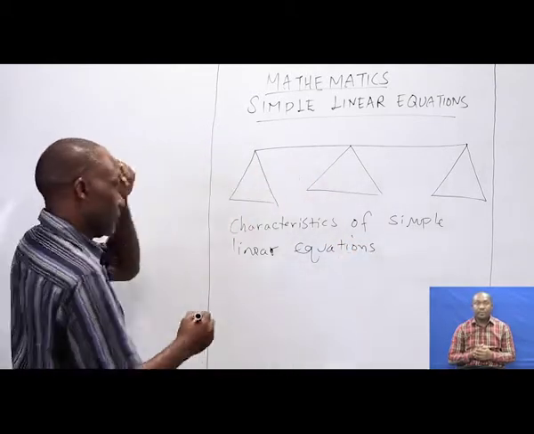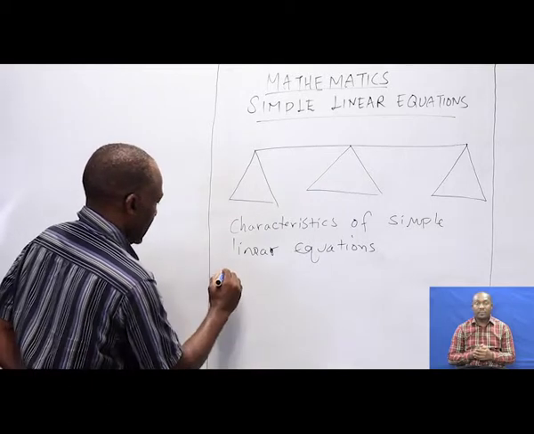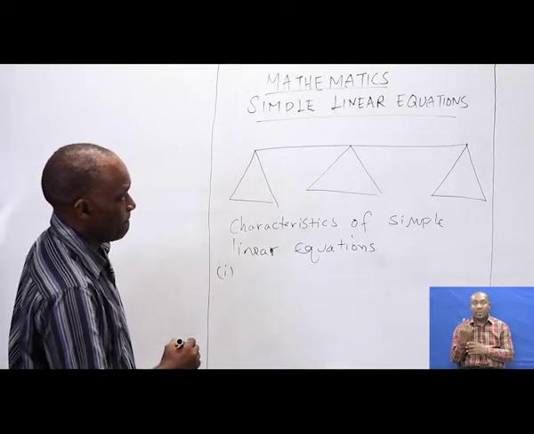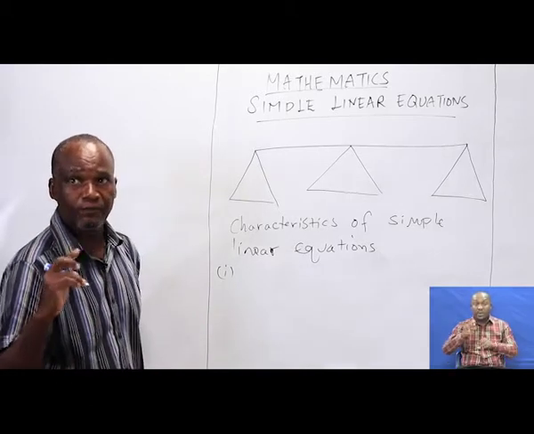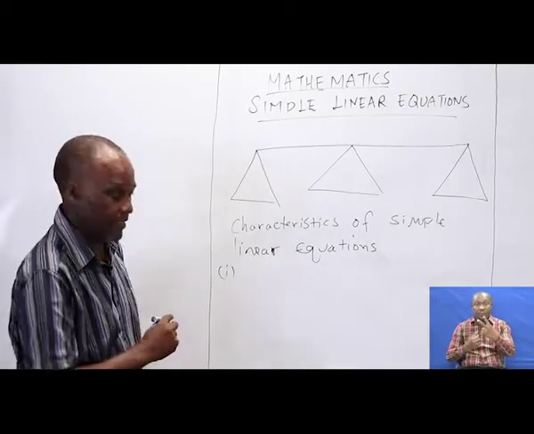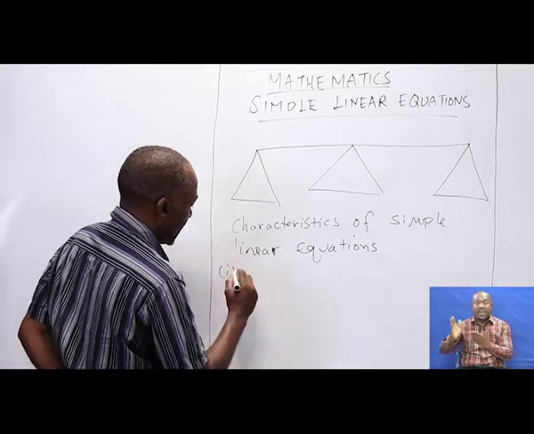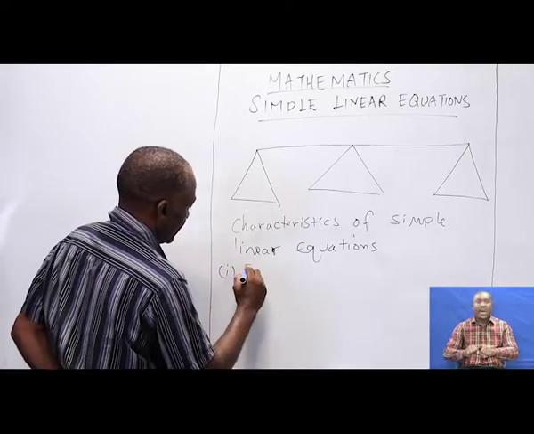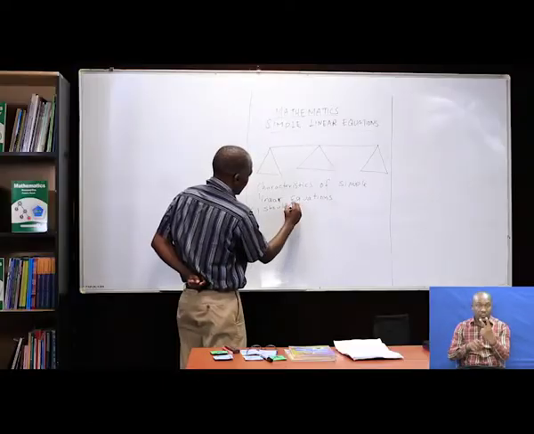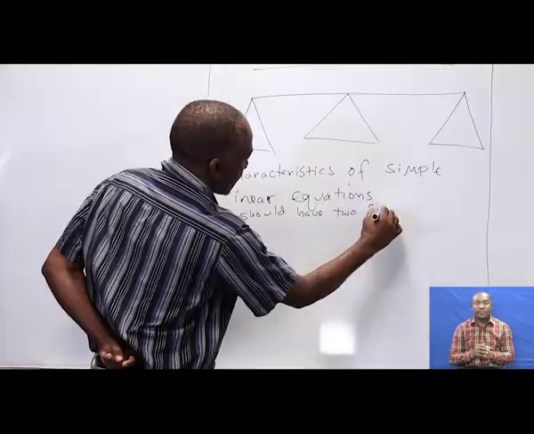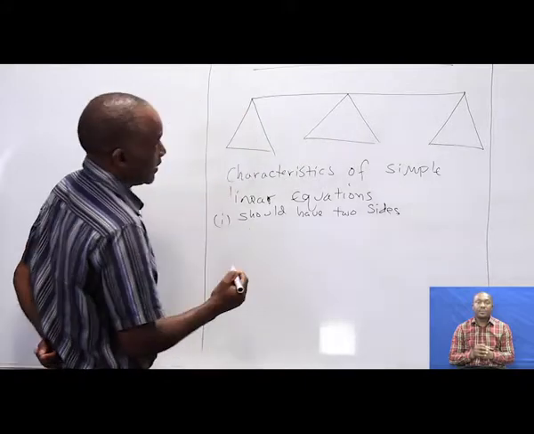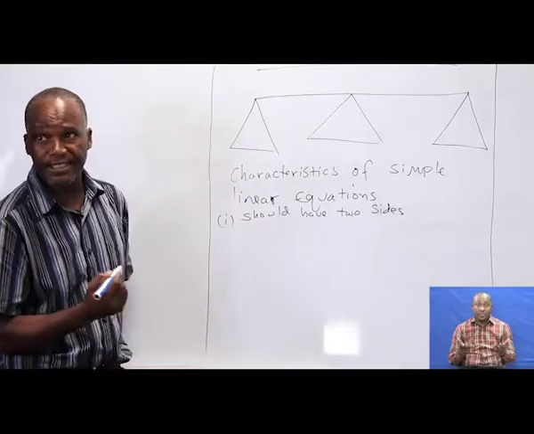According to this, number one, the linear equation should have two sides. It must have two sides. What are those sides?